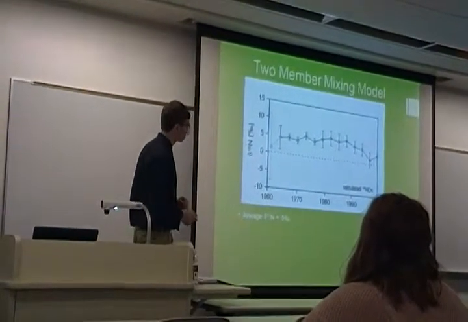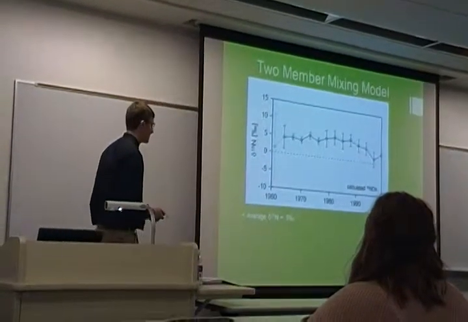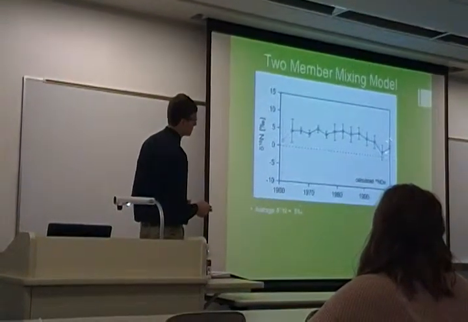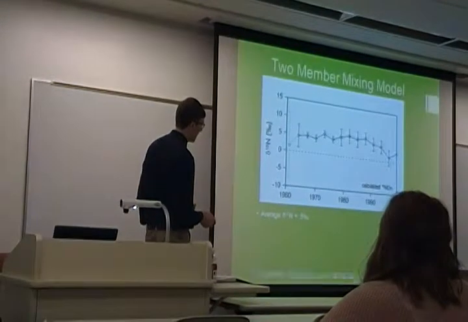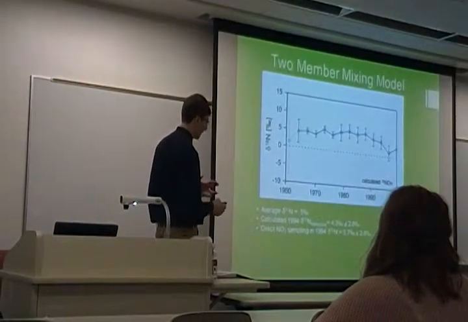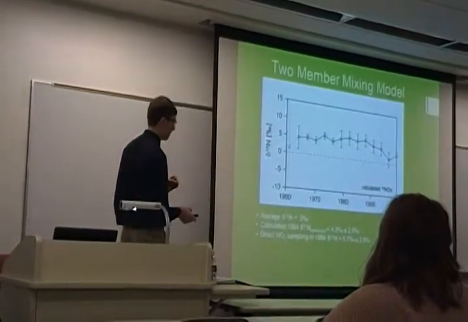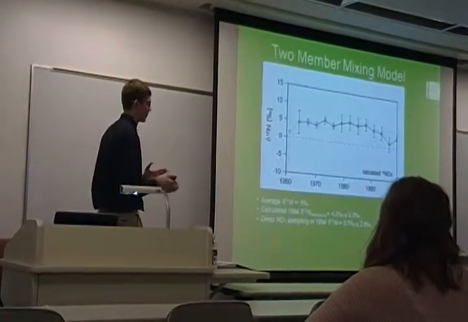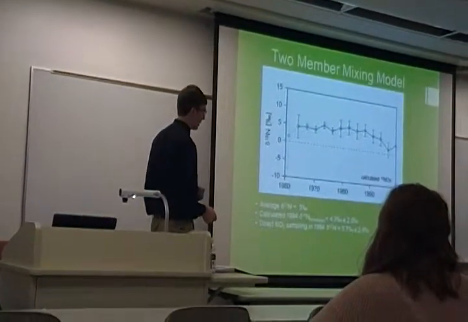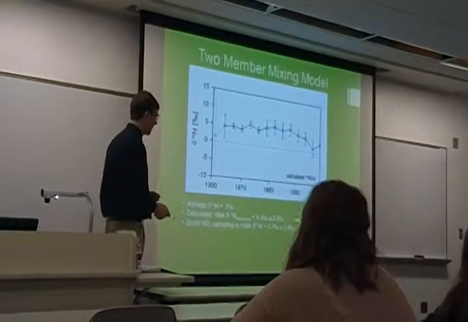And what's really neat is because we can look at the rings from 1994 and calculate their isotope ratio coming from the vehicles as recorded by the tree rings, and we get a value of 4.3 plus or minus 2.